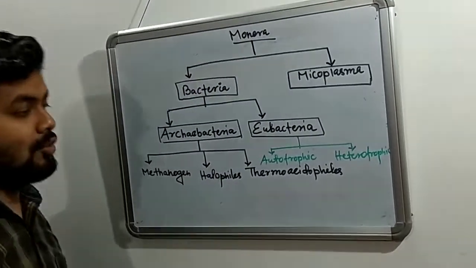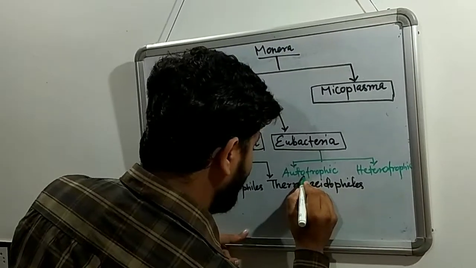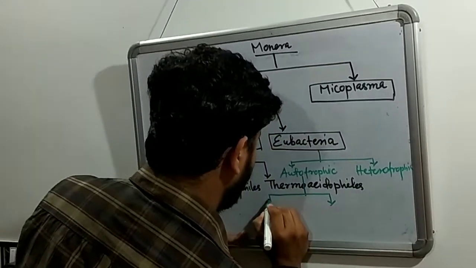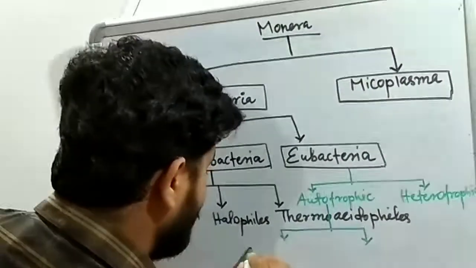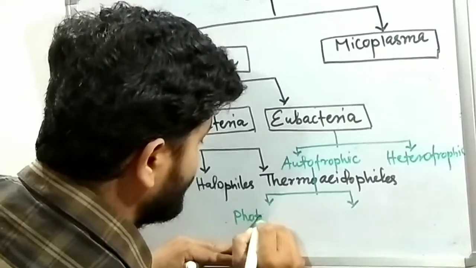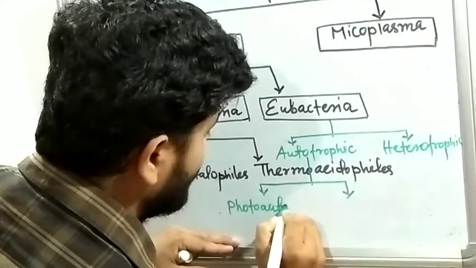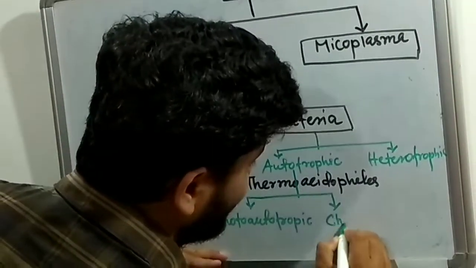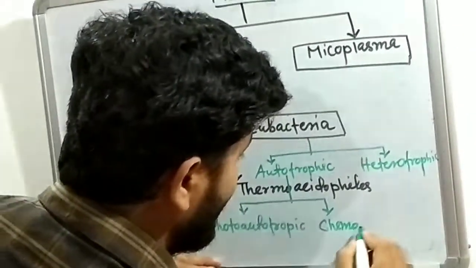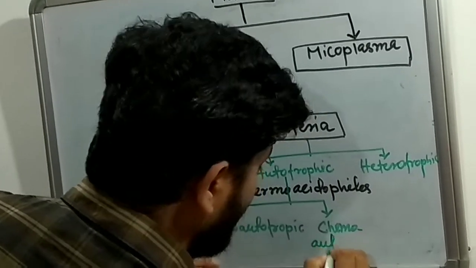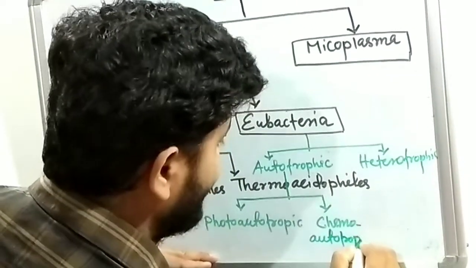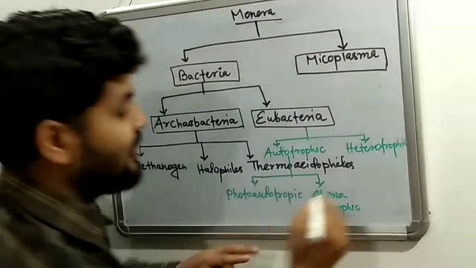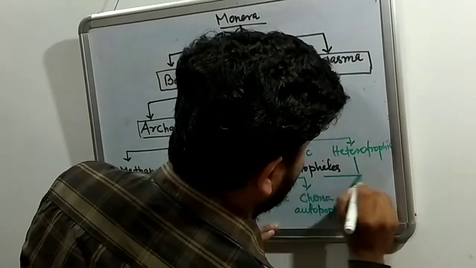Autotrophic bacteria again have 2 divisions: photoautotrophic, and the second one, chemoautotrophic.